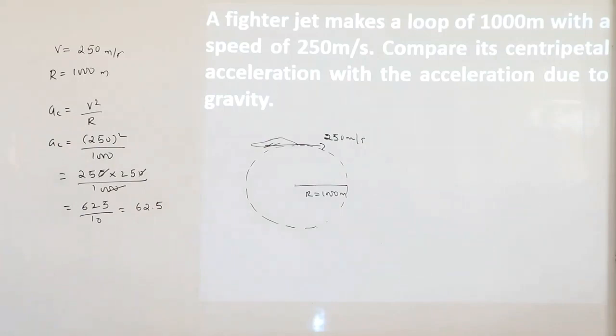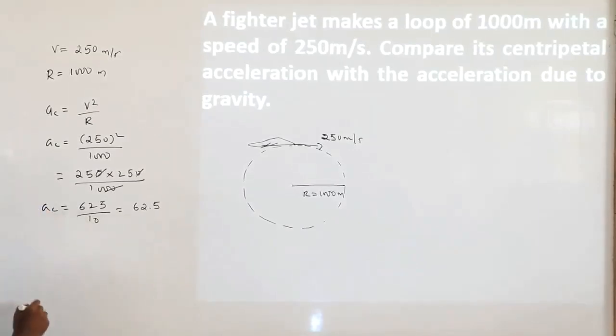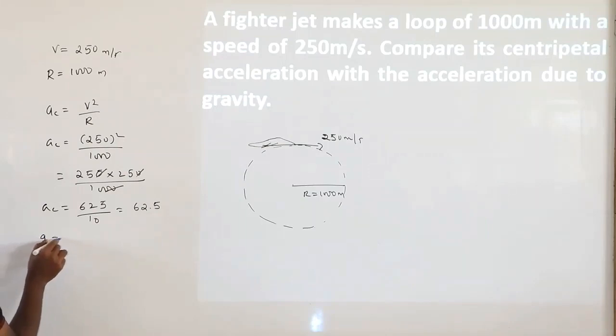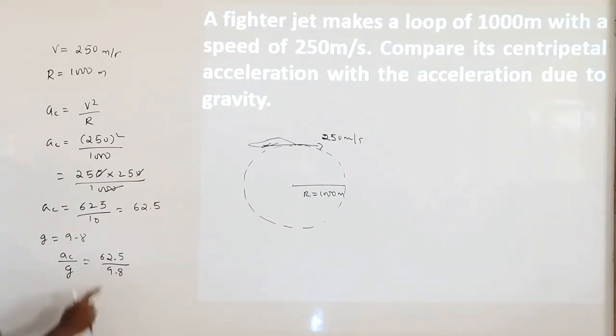So 62.5 is the centripetal acceleration. They are asking to compare this with acceleration due to gravity. g is 9.8. So compare it: a_c divided by g is 62.5 divided by 9.8.